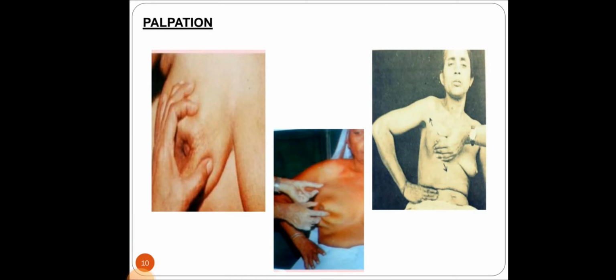Similarly, when we try to move the tumor, the skin is not able to slide over the tumor if there is fixity, and the skin over the tumor cannot be pinched up. Peau d'orange, if present, becomes more prominent when we move the tumor. These are the features we can see while doing palpation, especially to check fixity to skin.